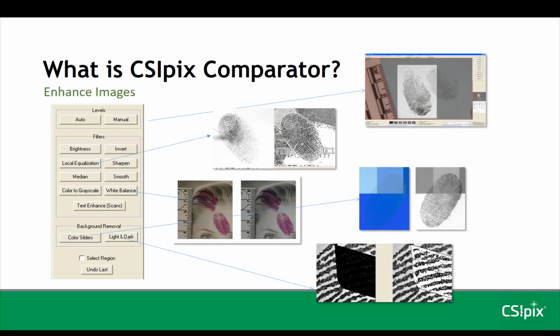These are the type of enhancement tools we have: levels adjustment, local equalization, brightness, smoothing, white balance, color sliders to help remove specific colors from a background, and a light and dark filter, which was written specifically for fingerprints that are over dark and light backgrounds.